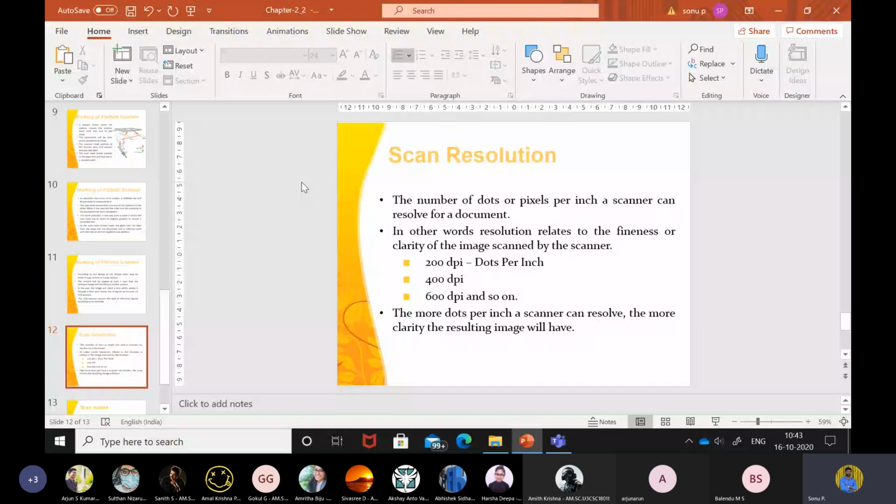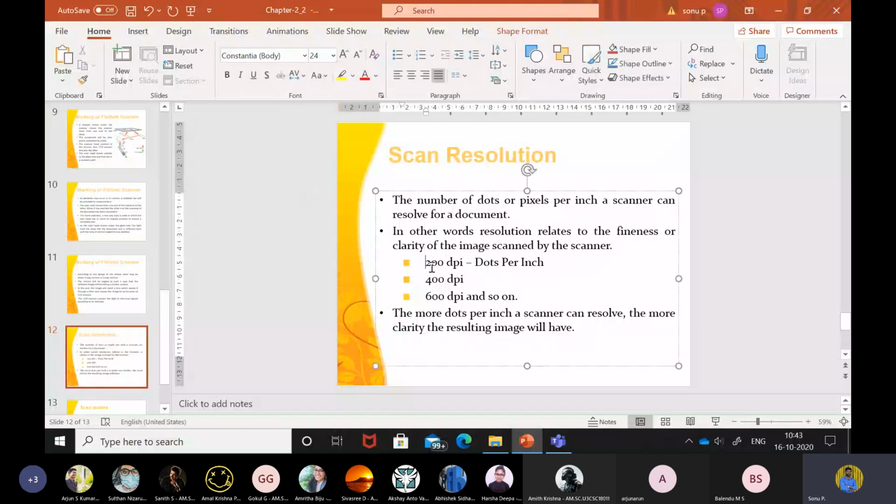So that small 1 inch square will contain at least 200 dots per inch. Dots here does not mean small dots; this term is used for pixels or pels. Resolutions of cameras and scanners are available up to 600 and 400 dots per inch, which is very high compared to the others.